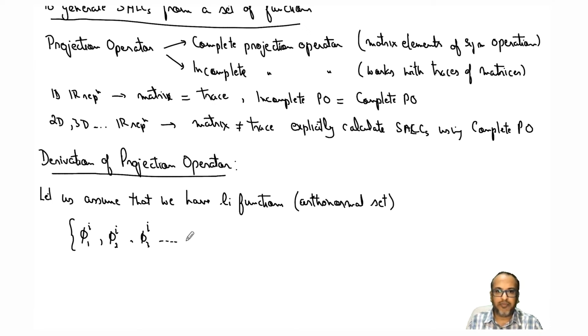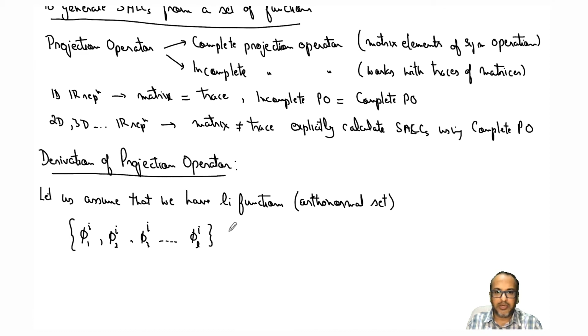So you have phi_li^i. This is the set of functions, and each of these functions is orthogonal to each other, and individually they are all normalized. That's why orthonormal, right?